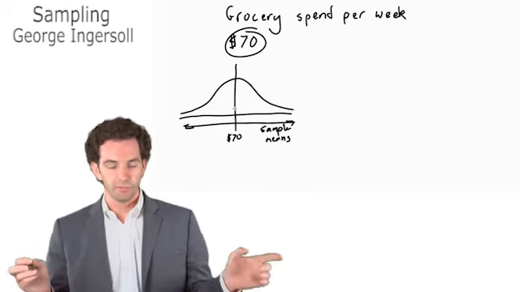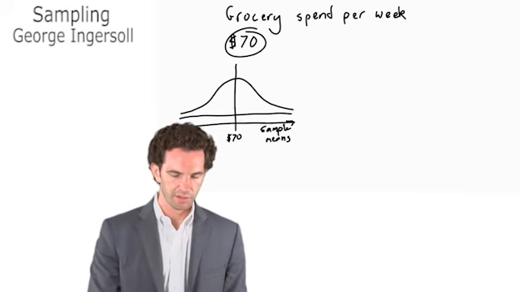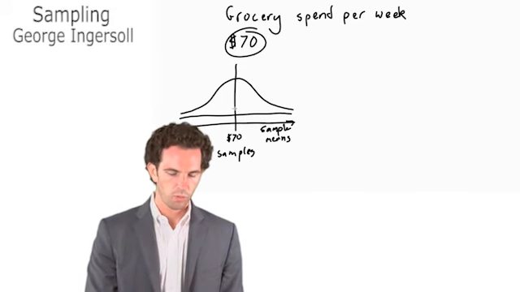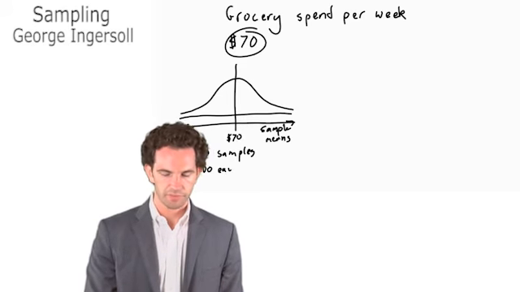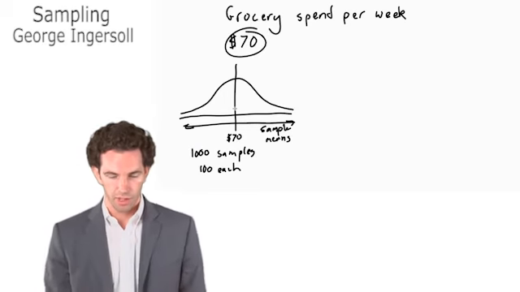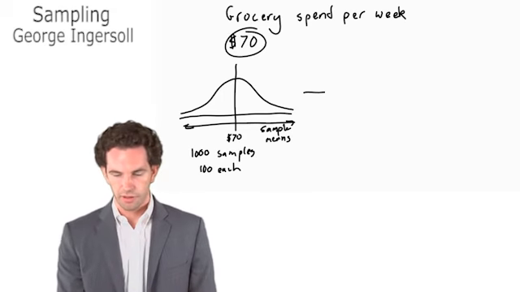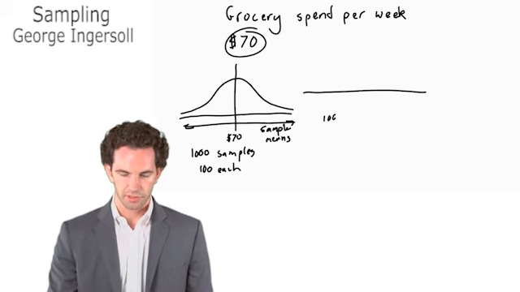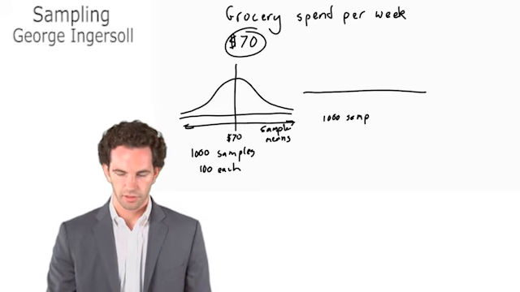Now, what if we took, so this is 1,000 samples, 100 people in each sample. What if we did 1,000 samples of 500 people each?